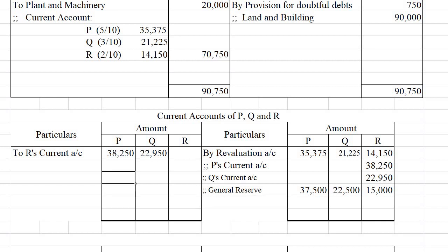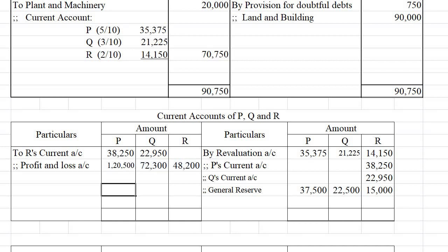So here we can write next the profit and loss. We have not shared the loss. We have to share it. Loss is shared in the old ratio. It should be shown on the debit side of the current account.